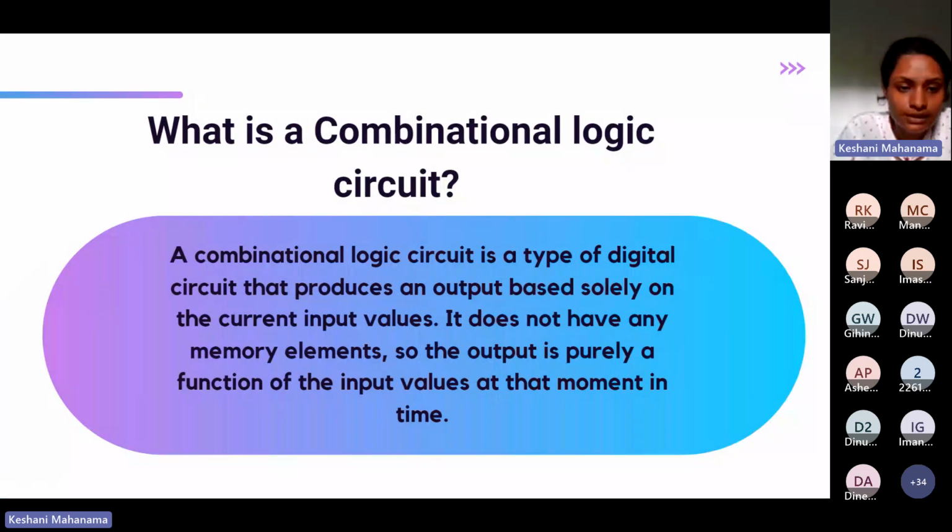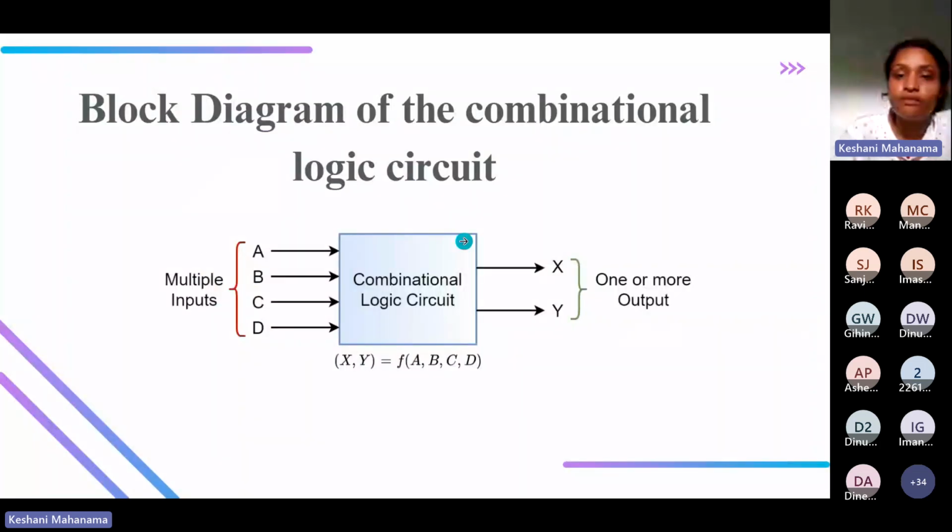Here you can see that we have entered A, B, C, D as the inputs, and we have got X and Y as the outputs. So in a combinational logic circuit, we can have more than one output. And this is an example of a combinational logic circuit. Combinational logic circuits can be made up using different basic logic gates.